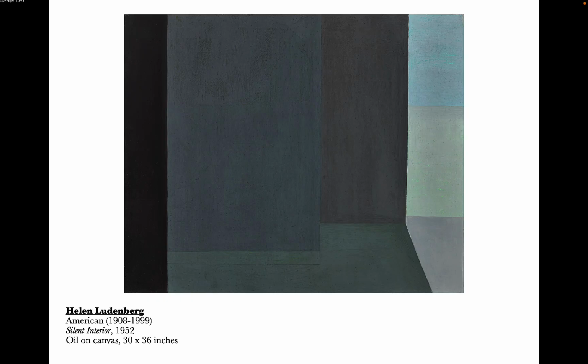And I think when you first look at this, it looks completely abstract. But then once I read the title, Silent Interior, I can start to see that, oh yeah, maybe that's a wall or a hallway, or something's happening here. And it has a very peaceful, calming feeling with these blues and greens in it.